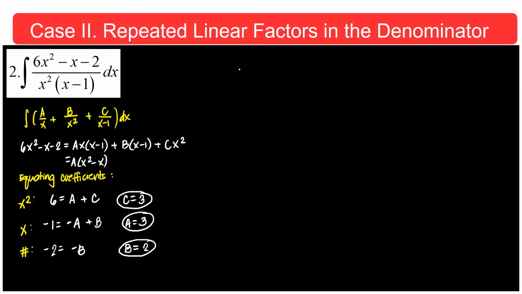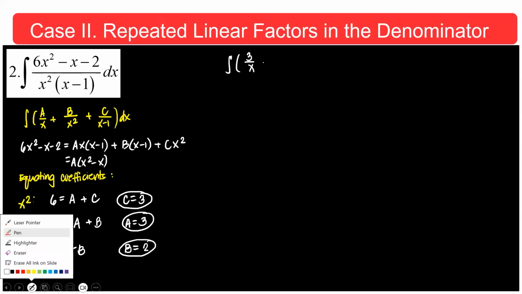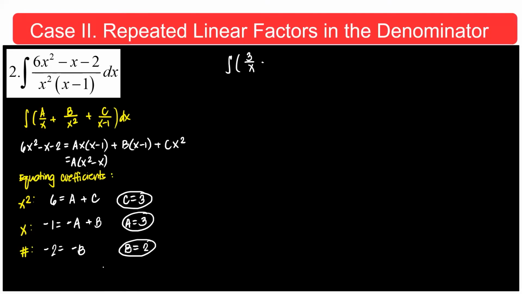So when we rewrite this, this is going to be the integral of 3 over x. Not 3. Ano ba yan? Tama. 3 over x. Plus 2 over x squared. Plus 3 over x minus 1 dx. Okay.